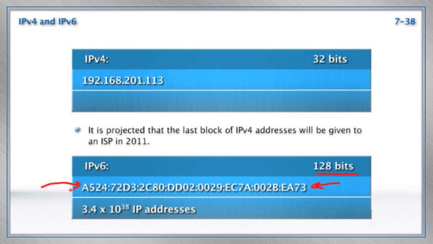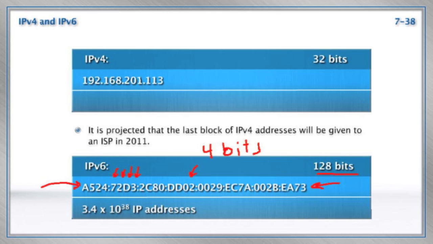But notice it's going to be a big long address even when written in hex. We have our hexadecimal characters, and we're going to have 4 of those, and then we separate them with a colon. Each of these hexadecimal characters represents how many bits? Each represents 4 bits.